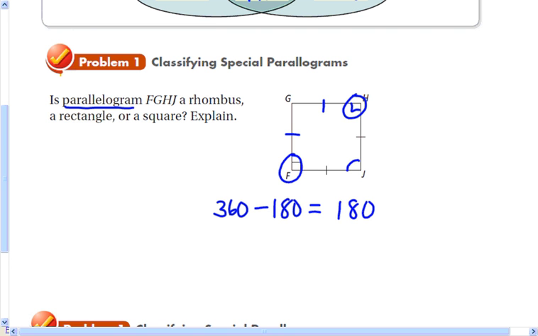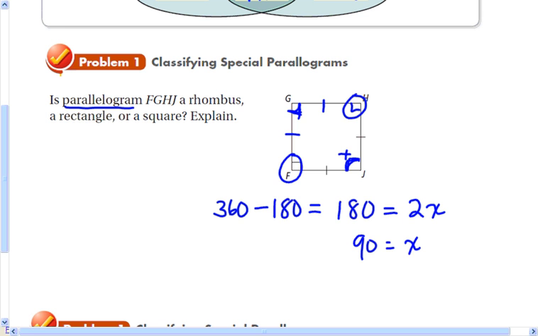We know that opposite angles in a parallelogram are congruent, so we can just say now that that 180 we're left with is equal to 2 times J or 2 times G. Let's just call it X. They're both the same. And so if we solve that by dividing both sides by 2, we get that X is equal to 90. So we also know that each of those angles are right angles.